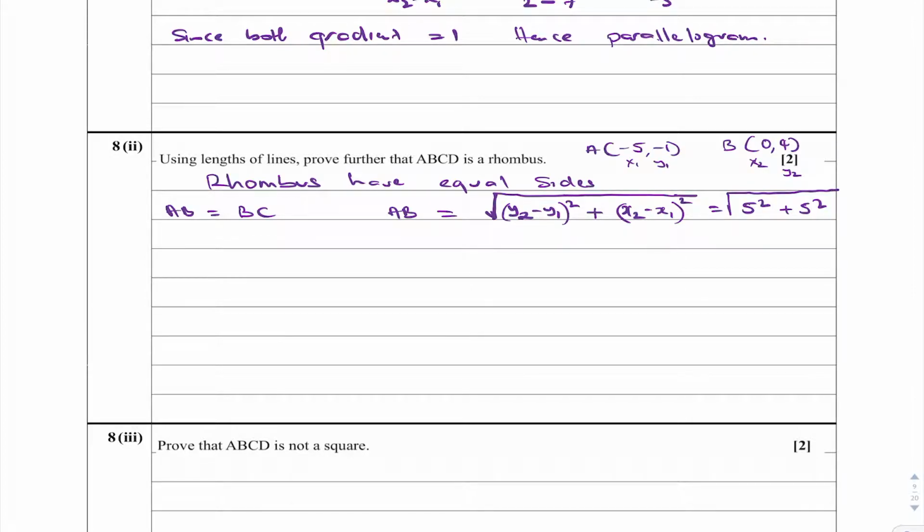So AB will be equal to square root 50, which gives root 25 times 2, which becomes root 25 times root 2, which is 5 root 2.